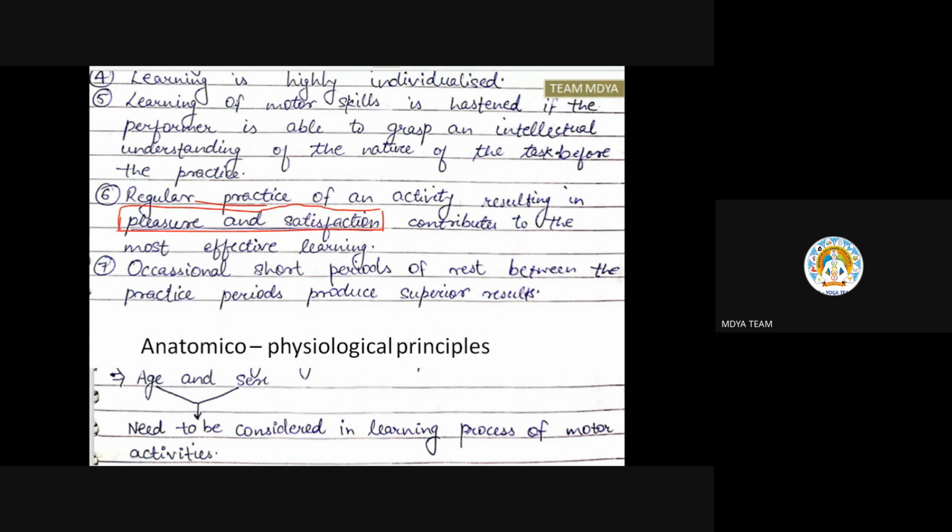So a teacher should make that activity pleasurable for the students. If they are doing something good, then the teacher should encourage them that yes, they can do this, they are doing good. By doing so, the students get pleasure and satisfaction. They are encouraged.